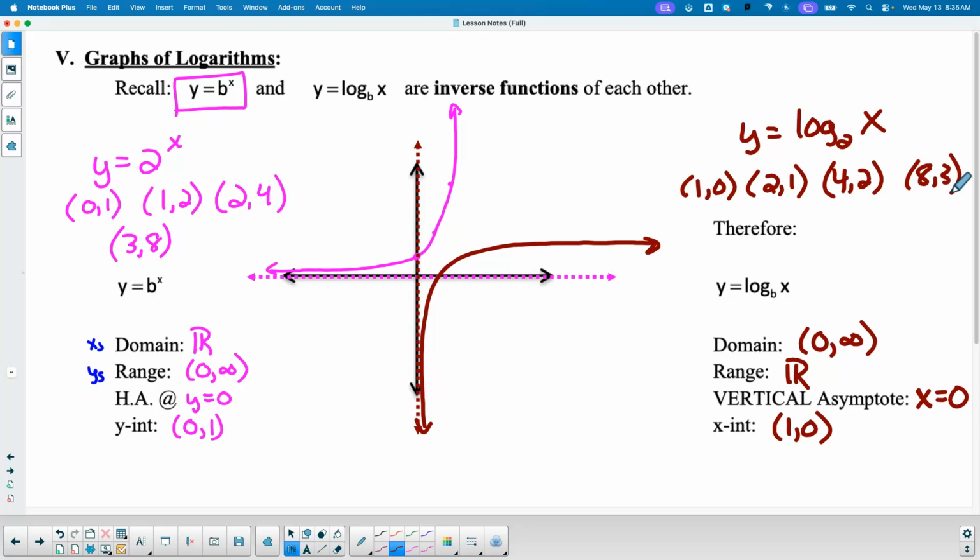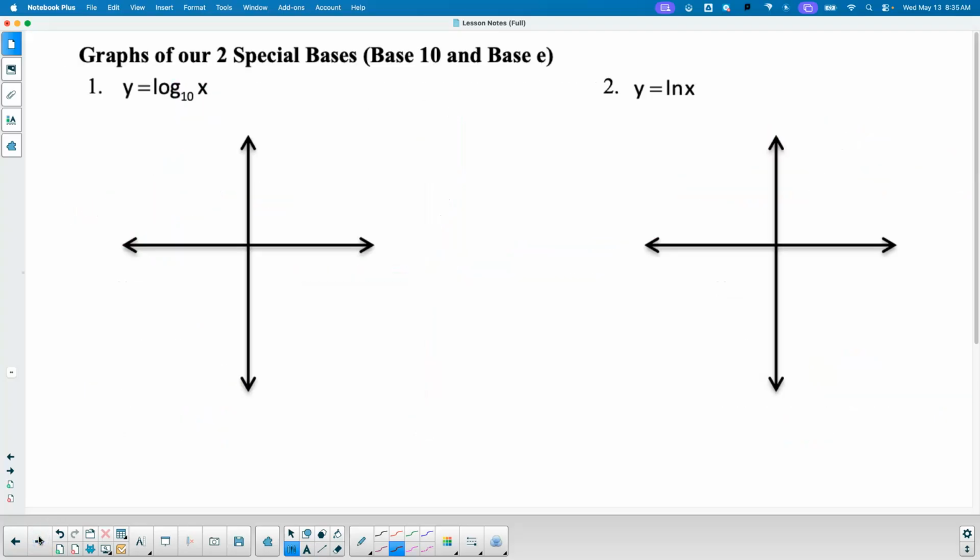Now, typically when we are graphing logarithmic functions, what we do is we ask you to find us 2 special points, the 2 easy ones.